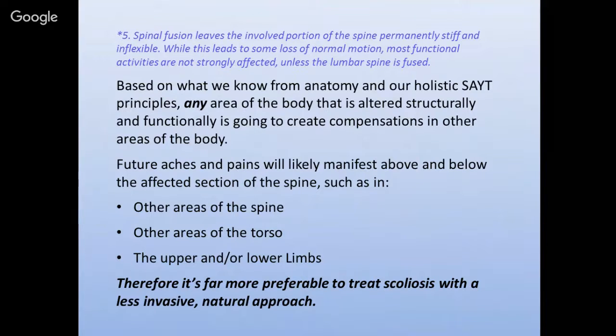Future aches and pains will likely manifest above and below the affected section of the spine, such as in other areas of the spine, other areas of the torso, and or the upper and lower limbs. Therefore, it's far more preferable to treat scoliosis with a less invasive natural approach, because that fusion is going to lead to other things that they may not even realize.